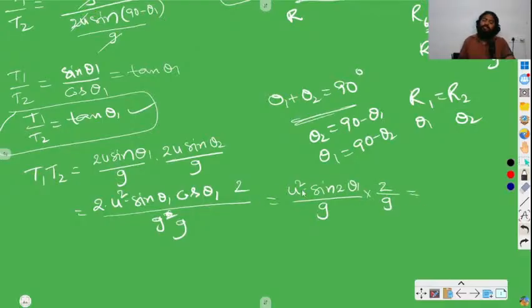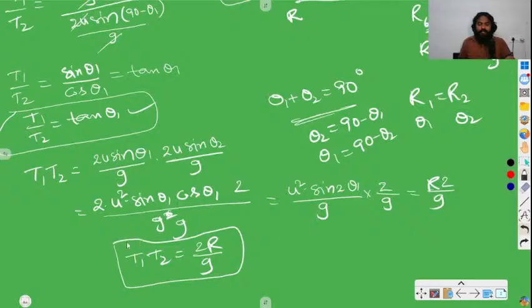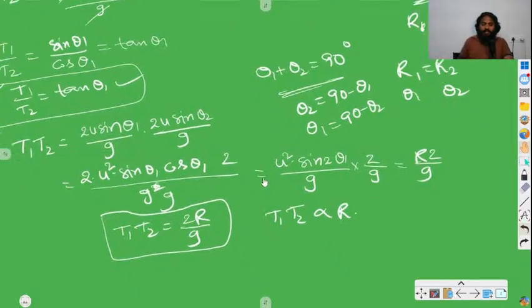Now u square sine 2 theta 1 by g is nothing but range, into 2 by g. So from this I can tell that t1 t2 is equal to 2r by g. So this is also a very good relation which they ask you. Once they asked a question based on the relation t1 into t2 directly proportional to range. Based on this relation they have asked one question previously, check properly.